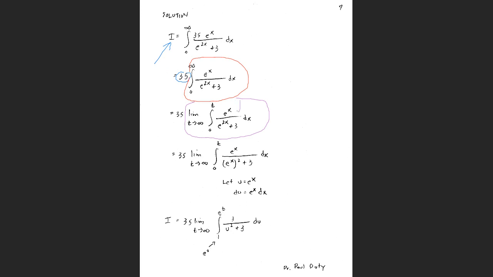At first glance, it looks like, gee, maybe you can't integrate this, but you actually can. You can write e to the 2x power as e to the x, quantity squared, because e to the x times e to the x, the base is the same.